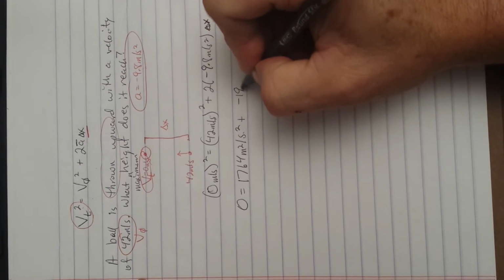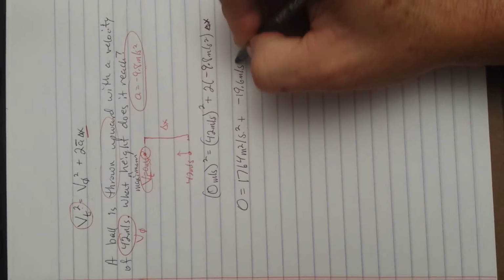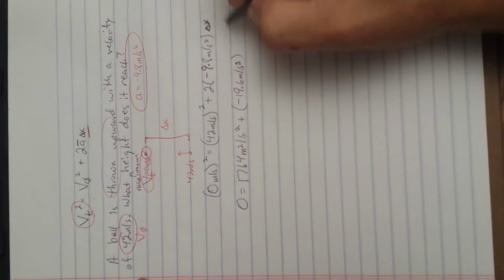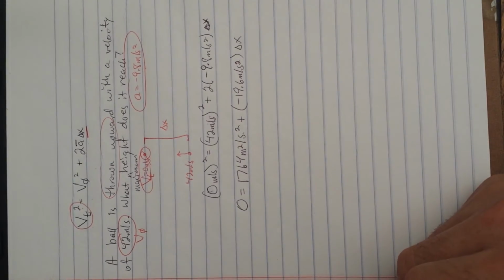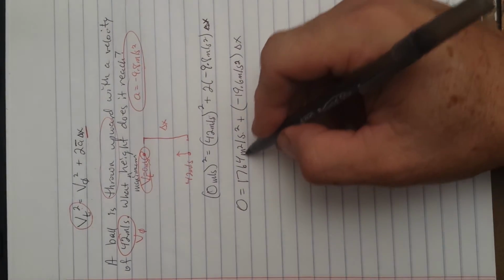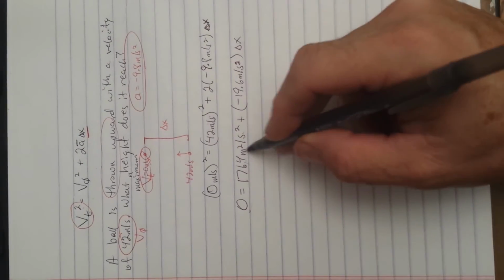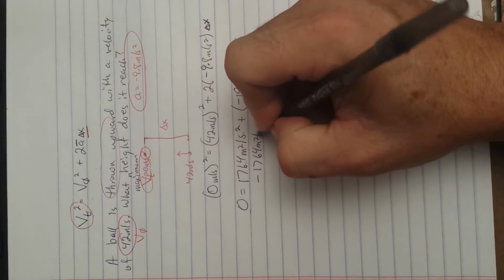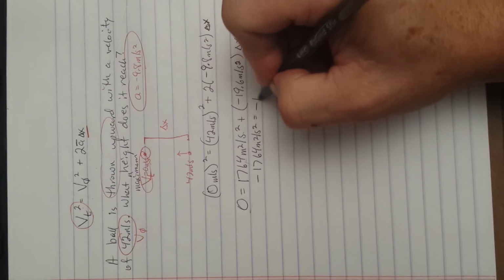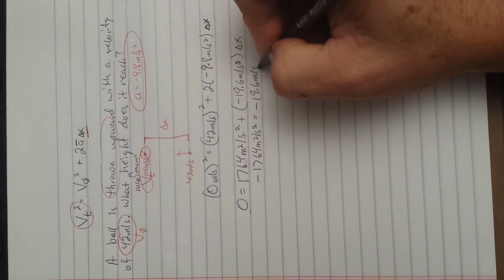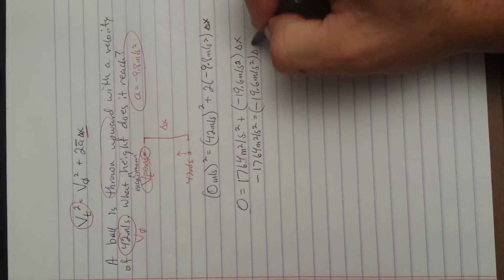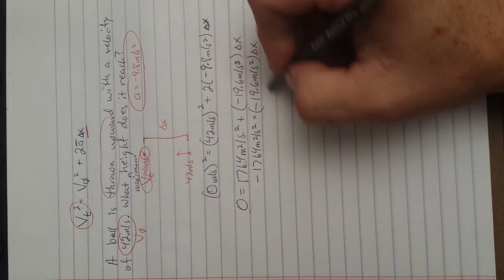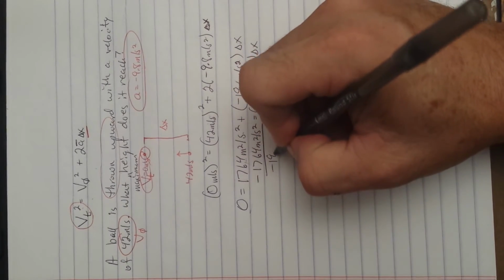Plus negative 19.6 meters per second squared, which is 2 times 9.8, times delta x. Doing the algebra, they're being added, so I'm going to subtract and bring this over. Negative 1764 meters squared per second squared equals negative 19.6 meters per second squared times delta x. Bring this over and divide.